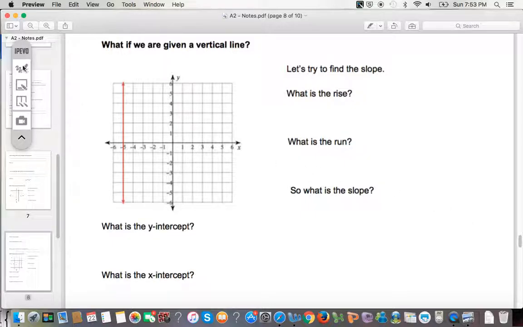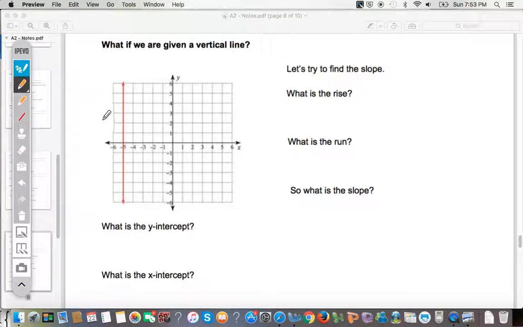So, what if we are given a vertical line? Again, let's try to find the slope. So, what is our rise? It goes on forever in this direction, and it goes on forever in this direction. So, our rise is any real number.